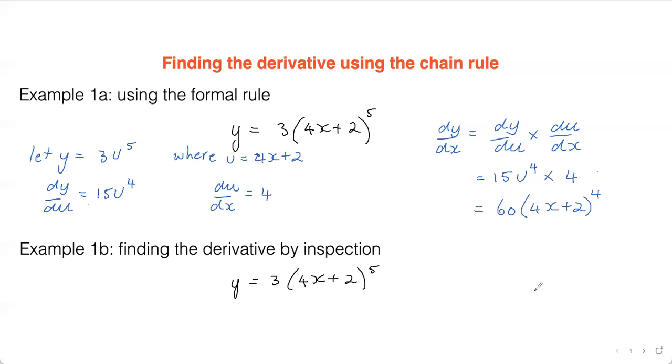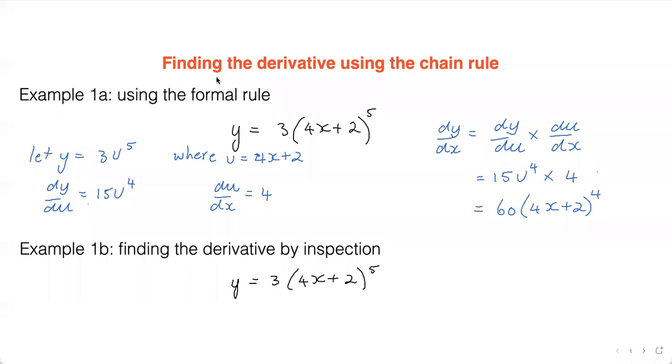Now, there are occasions where it is really useful to set it out like this and use that rule. But most of the time, you want to do it quickly, and you won't always need to do the full setting out. So this is when we call it finding the derivative by inspection. So what's important here is being able to identify what's the inside function and what's the outside function.